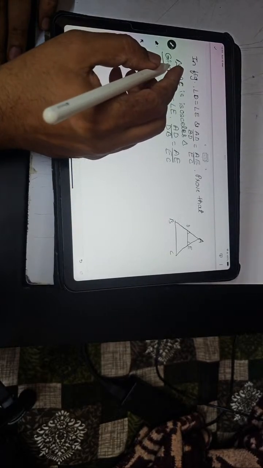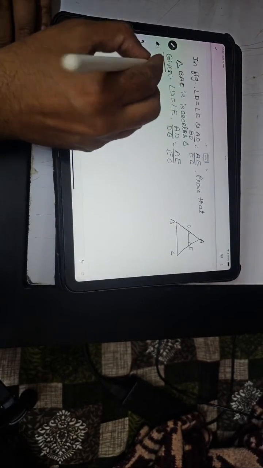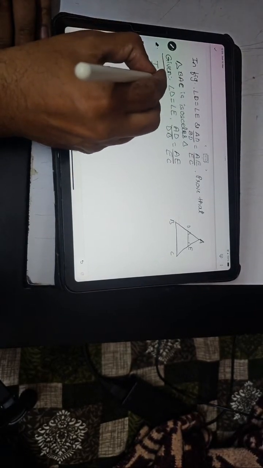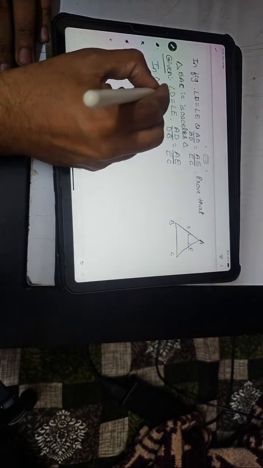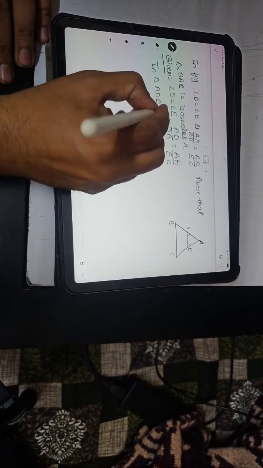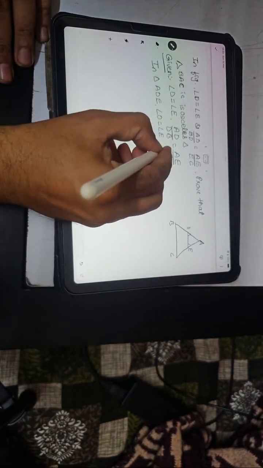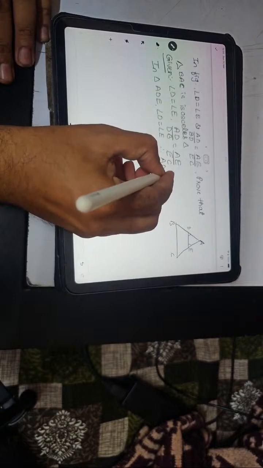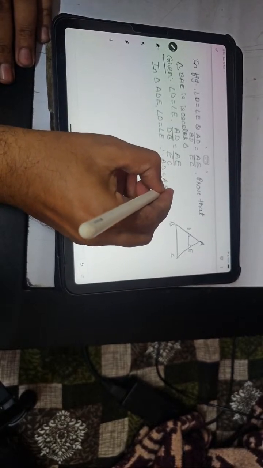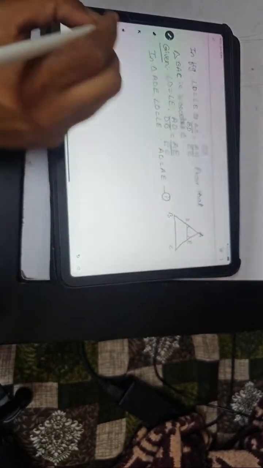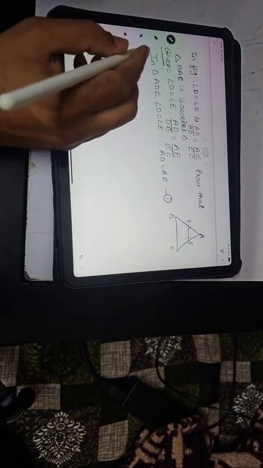So see, can I say in triangle ADE angle D equal to angle E is given. So therefore AD equal to AE. First, both will be equal.